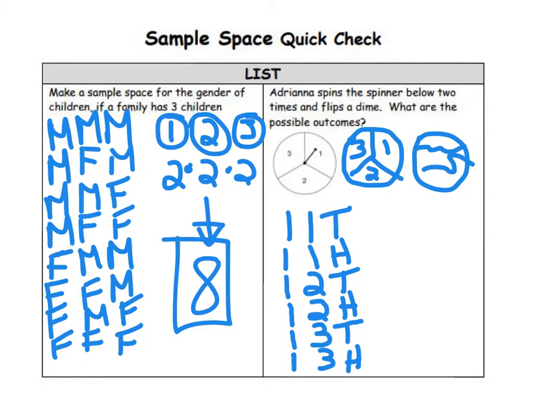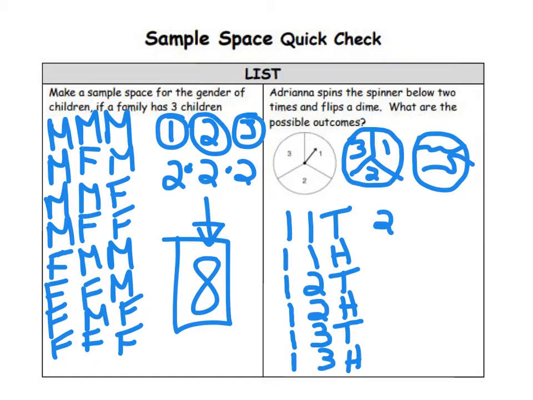Now, if you notice, guys, don't I have a pattern here? Yes. So that's basically what a sample space is, a pattern. So now instead of the first spinner landing on 1, it's now going to land on 2.